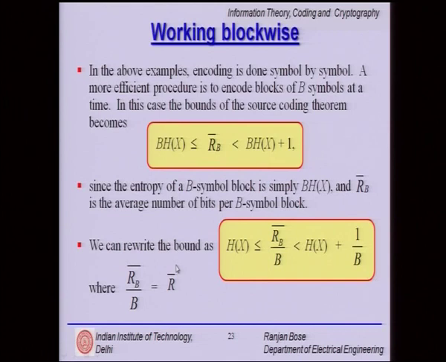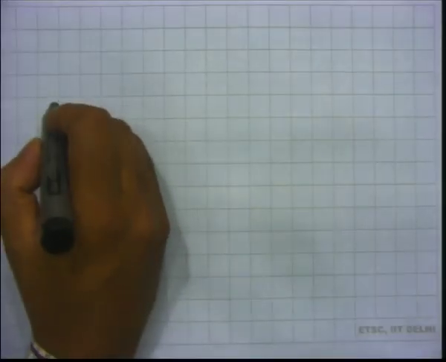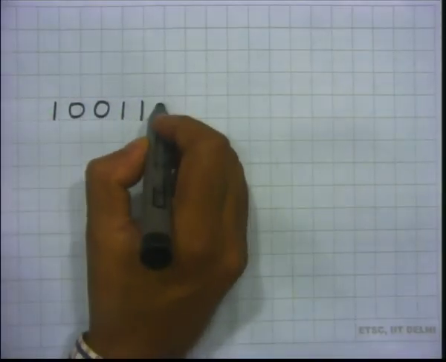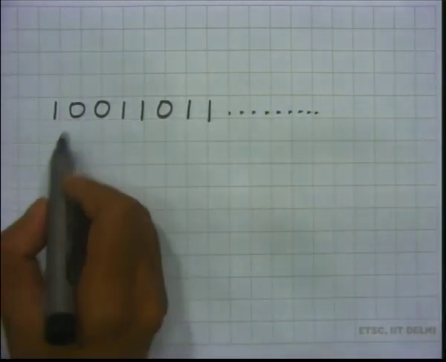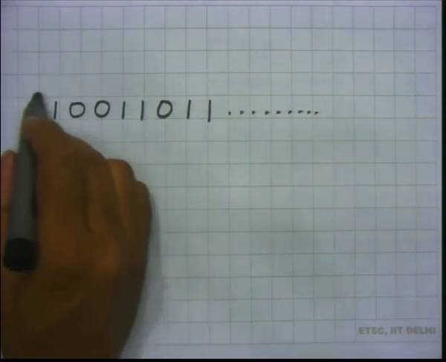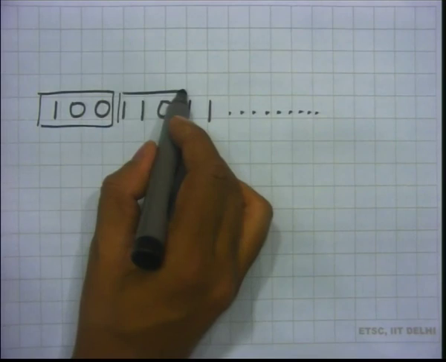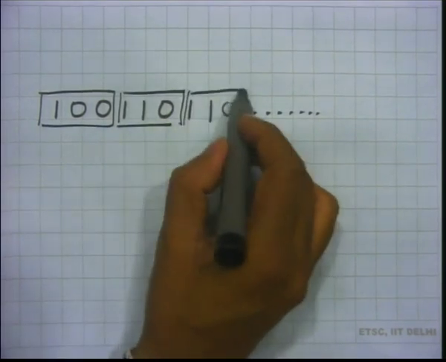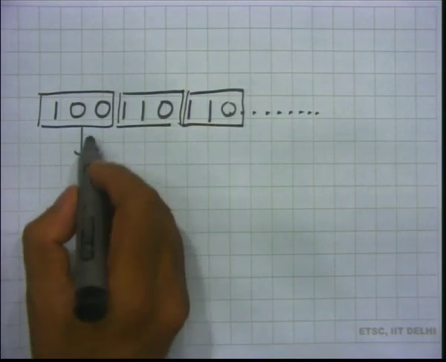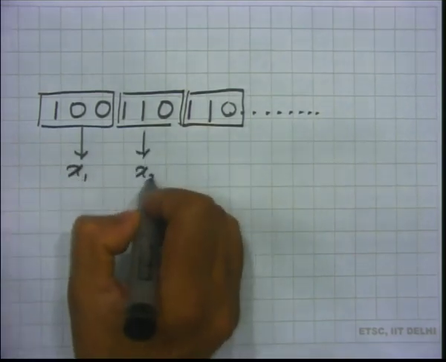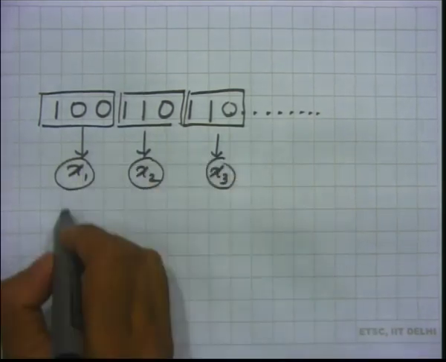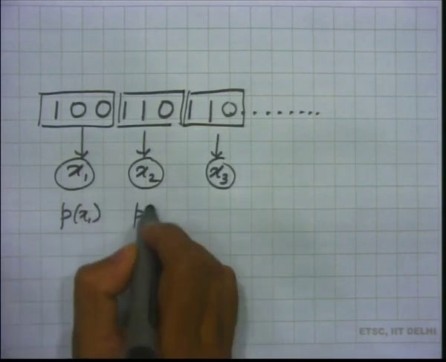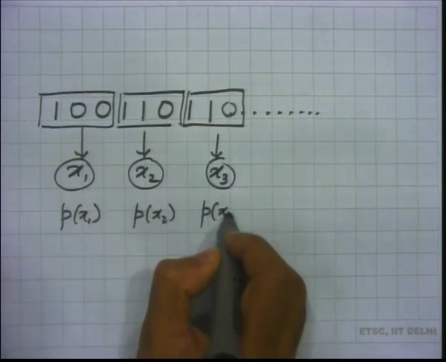So, let me explain. Suppose we have a bit stream and we choose to take 3 bits at a time, and declare them symbols x1, x2, x3. Well, these themselves have their own probabilities p(x1), p(x2), p(x3) and so on.